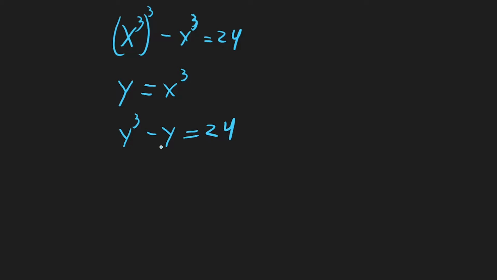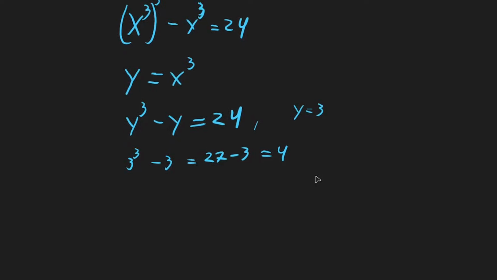But if we tried 3 to the power of 3 minus 3, that would be equal to 27 minus 3, and that will be equal to 24. So y equals 3 is a solution. Brilliant. So y equals 3 is a solution to this problem.